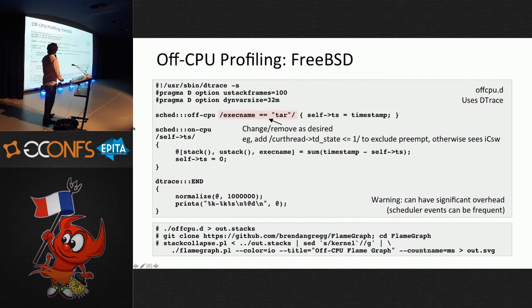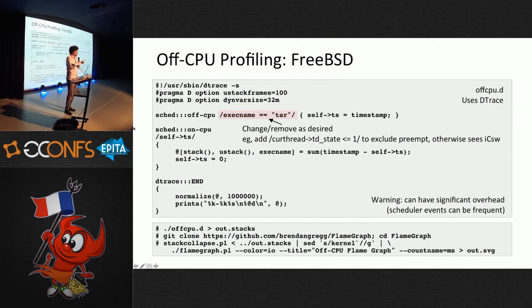One thing I might want to do is, so here I've just filtered for the tar command, actually BSD tar. One thing you might consider doing, it's interesting to get an insight into this, is if you actually run this on a production system, sometimes you'll get some crazy code paths where you go off CPU. And you look at it and you think, that doesn't make any sense, but they're really thin and narrow. We seem to be just randomly jumping off CPU when there's no explanation for it.